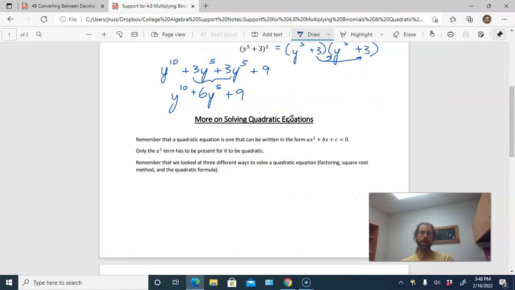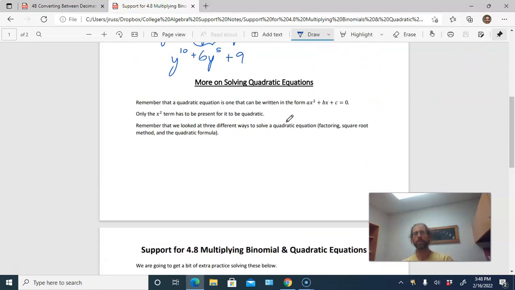All right, now the rest of this is just some extra practice with what we looked at in, I believe, section 7.4, solving quadratic equations.